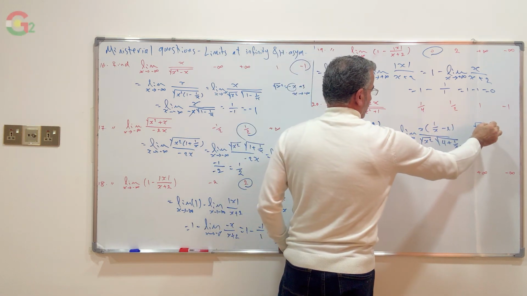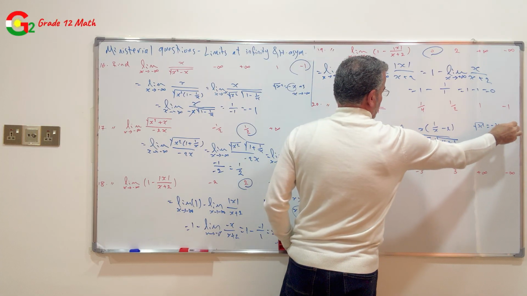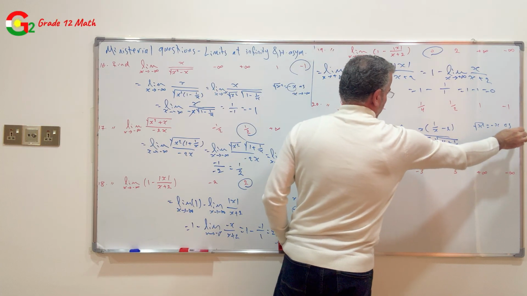The square root of x² equals negative x as x approaches negative infinity.